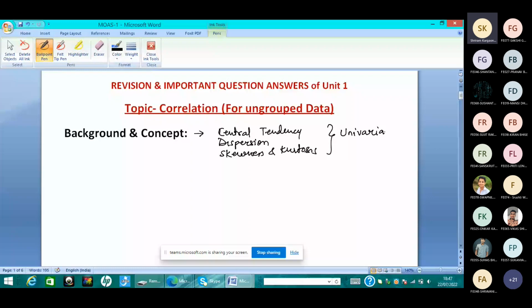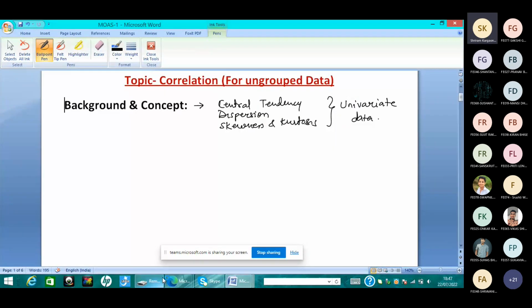Univariate data means data based on a single variable. When you deal with correlation, you need at least two variables.